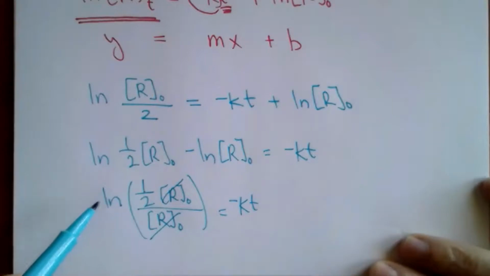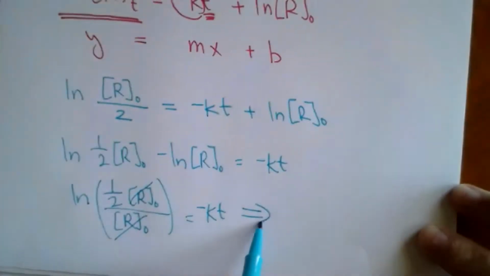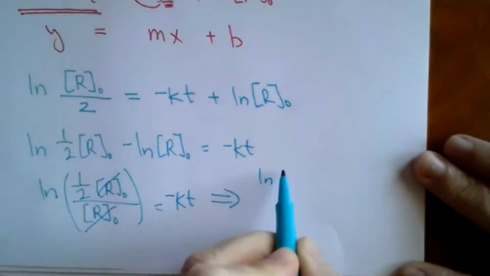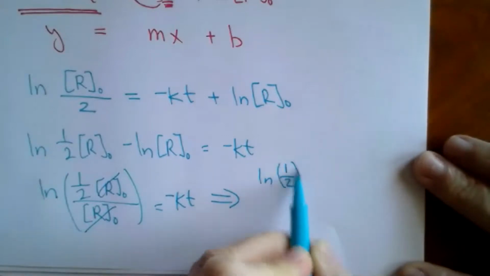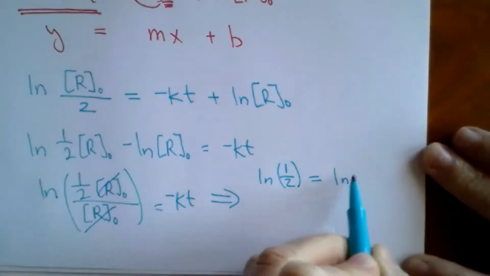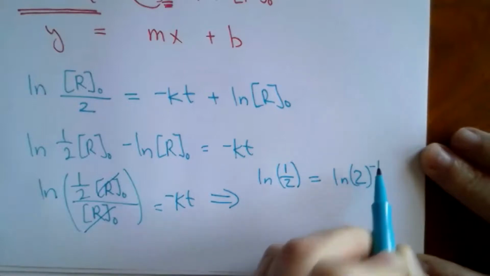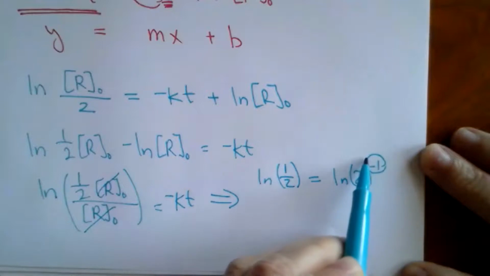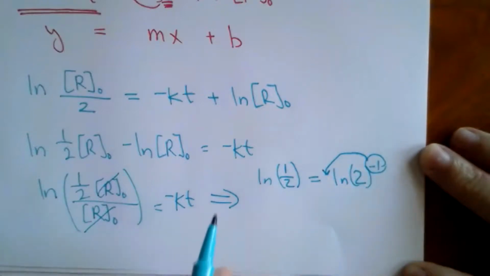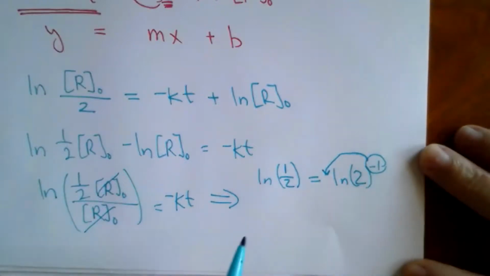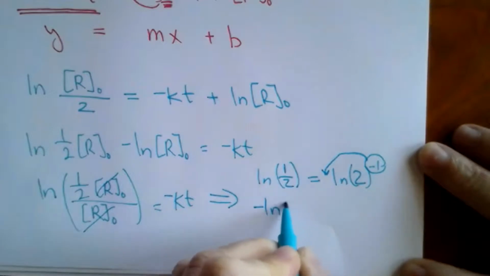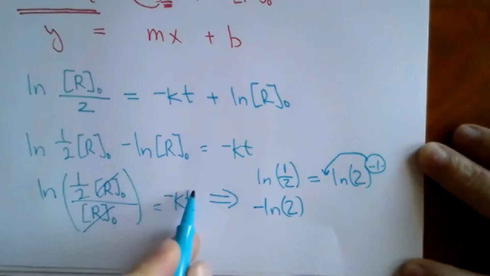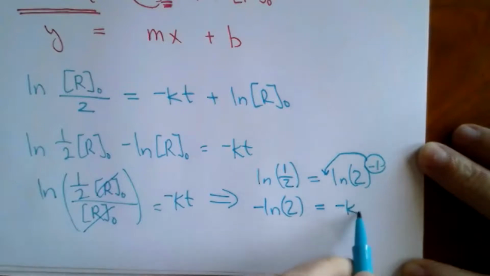ln of 1/2, doing some algebra that y'all may not love, ln of 1/2 is the same thing as ln of 2 raised to the negative 1 power. So why would I do that? Because powers can come out front in an ln equation. So negative ln of 2 is equal to negative kt.